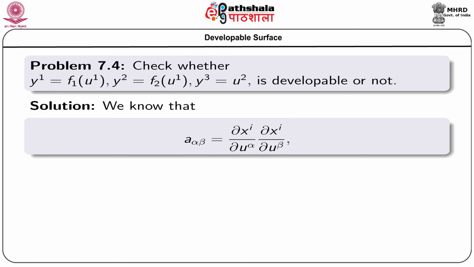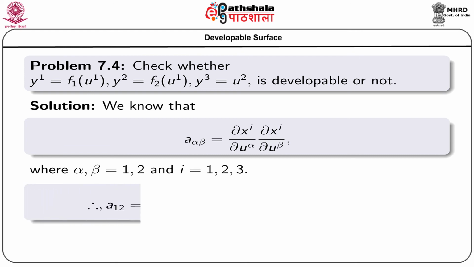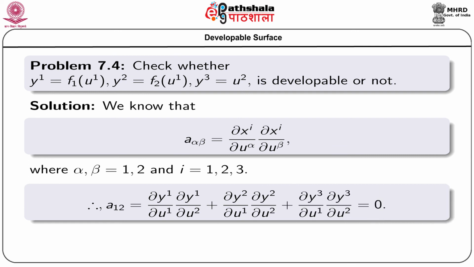Now, from the definition of a_{alpha beta}, it is del y^i by del u^alpha times del y^i by del u^beta, where alpha, beta run from 1 to 2 and i runs from 1 to 3. If we calculate this one, we find that a12 equals 0. That means the curvilinear coordinate system is orthogonal.